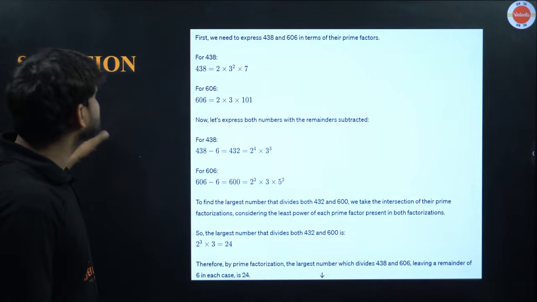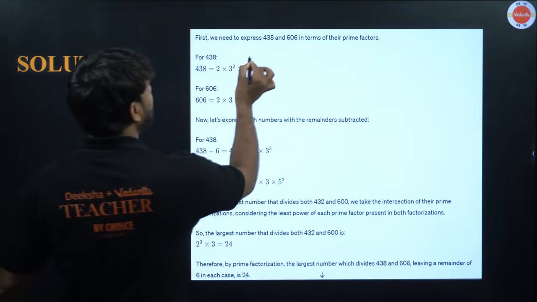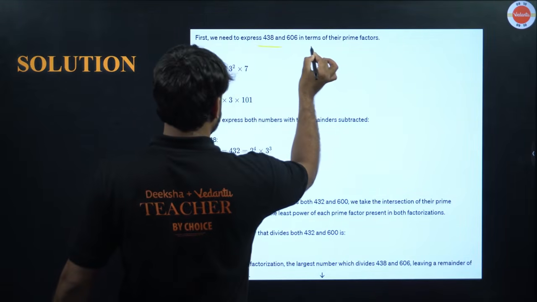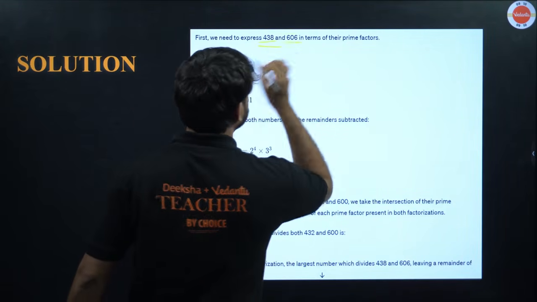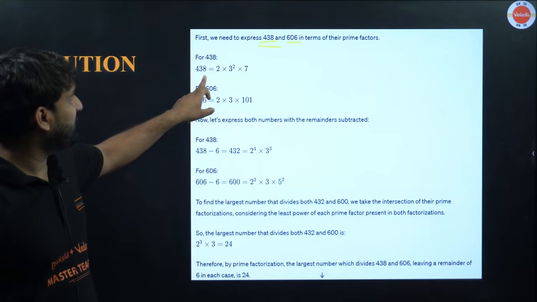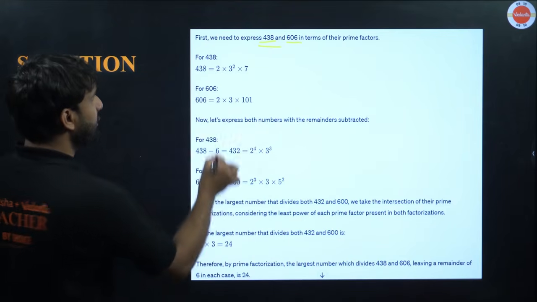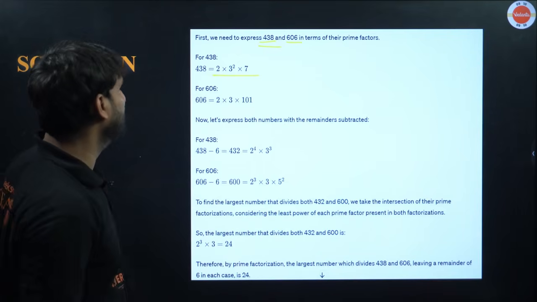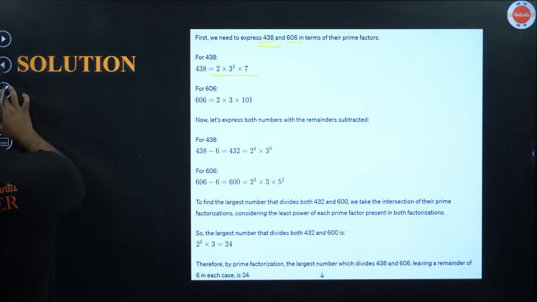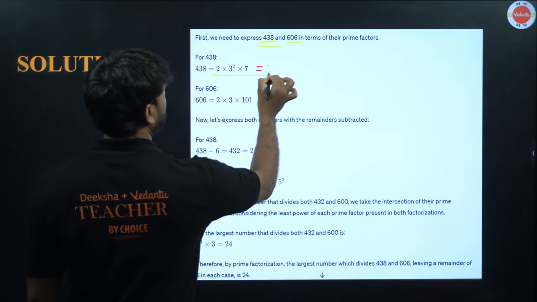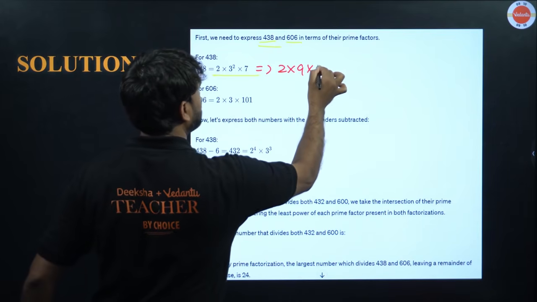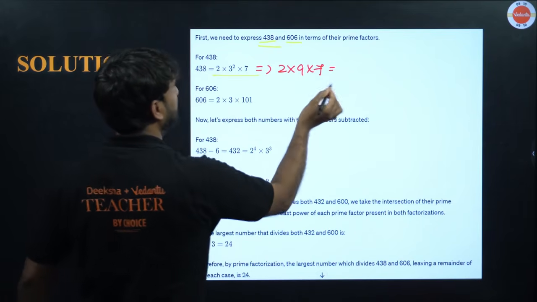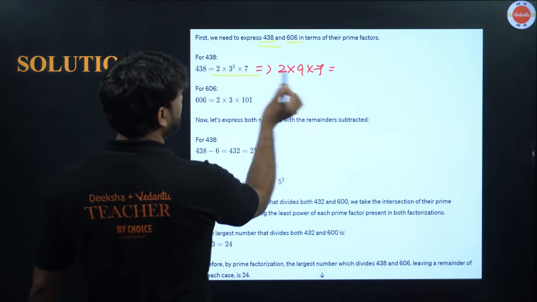So in such a question, what we have to do is find the prime factors of 438 and 606. So take the prime factors of 438. This will be 2 into 3 squared into 7. Let me use red color. 3 squared is 9, 9 into 7 is 63, and 63 into 2 is 126.